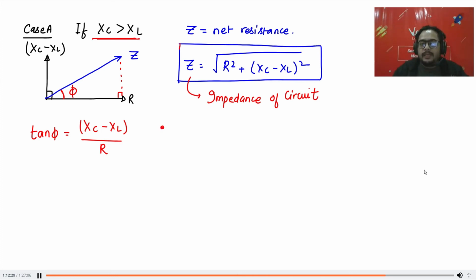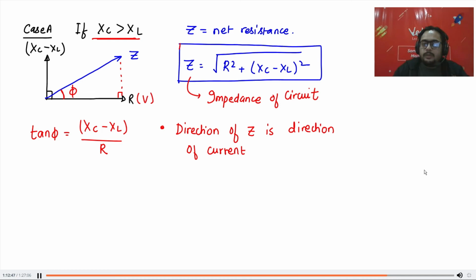This blue direction, remember just one thing: the direction of Z is basically the direction of current. You can see I have taken voltage in line of resistance. Remember, I took the voltage in line of resistance. So net current is leading the voltage, not by 90 degrees, but by angle phi.